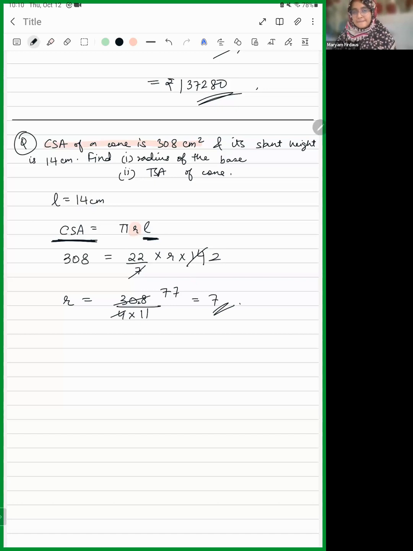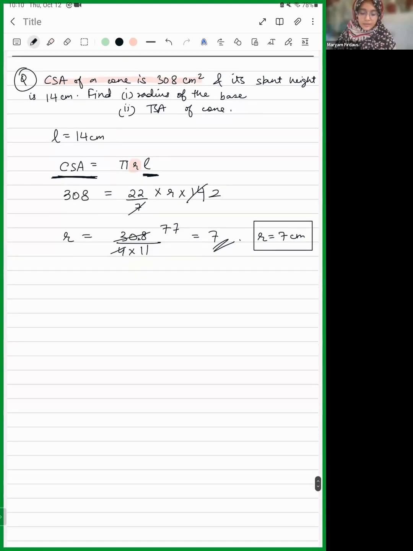Okay, R is 7 what? So we will write R is equal to 7 centimeters, and we will enclose it inside a box. I keep repeating this because it is important for your answer sheets. You have to present your answer in a nice way.